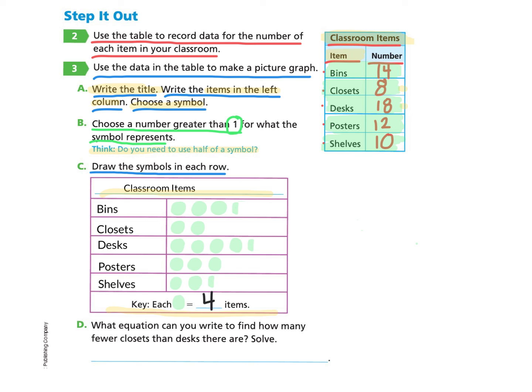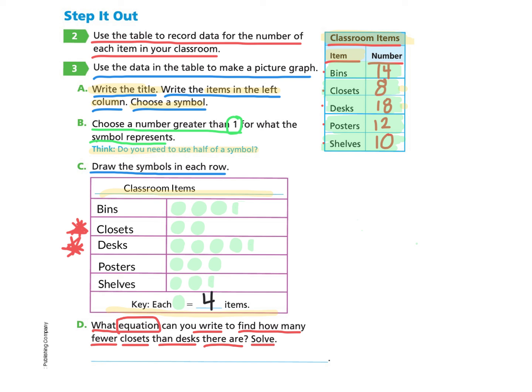Now we're going to look at part D, and this asks, what equation can you write to find how many fewer closets than desks there are? And then it asks us to solve this problem. Okay, so we know closets has 8, and we know that desks has 18.